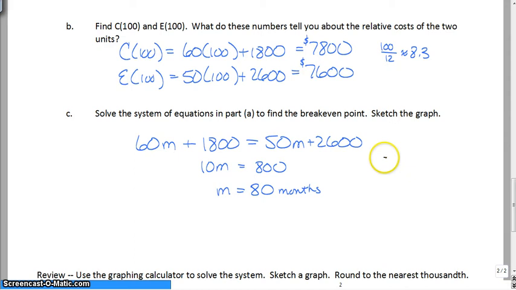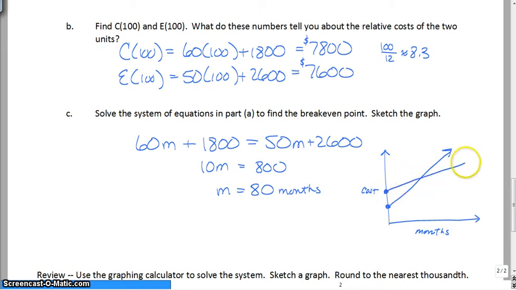If we were to sketch the graph, remember, your sketches don't have to be perfect, but it's nice to have the number of months and what it costs to run them. This one starts out cheaper, but then it's going to get more expensive. This one starts a little bit more expensive, but it doesn't increase as fast because it's only $50 per month.